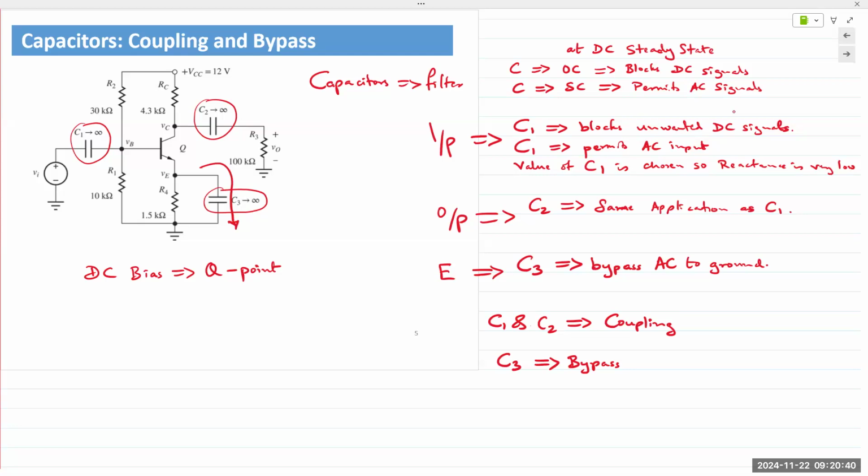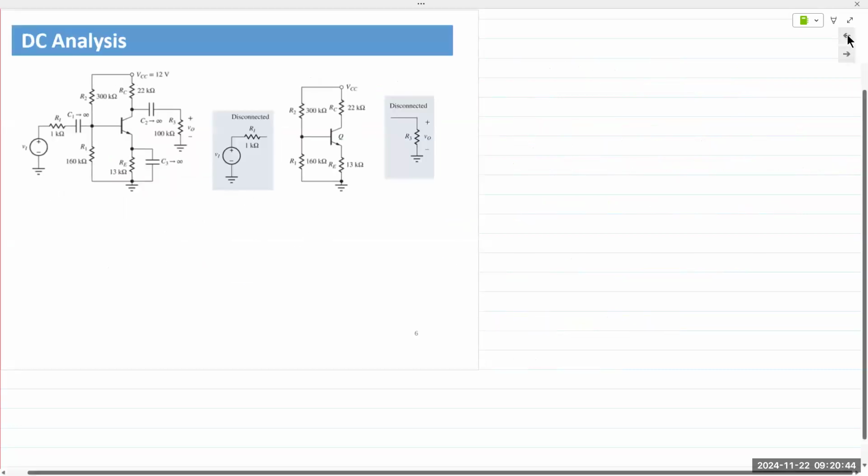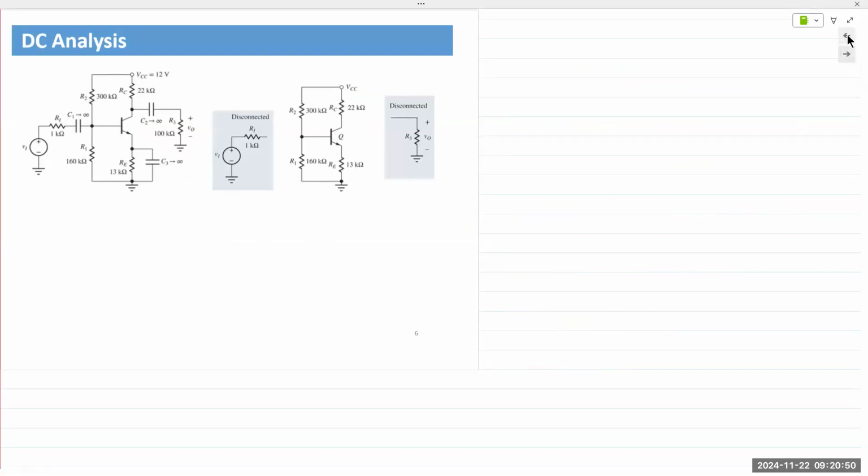All right. So let's split up. We'll look at the DC and the AC separately. The entire purpose of this was so we can simplify our analysis because we can separate out the DC voltages and the effects of the DC voltage sources from the AC input signal.